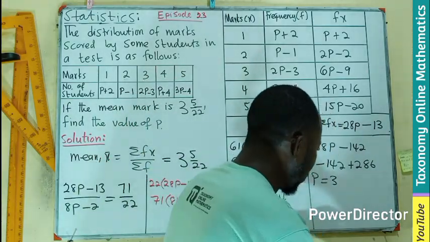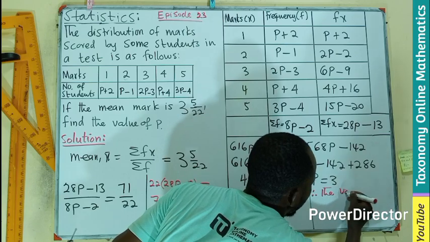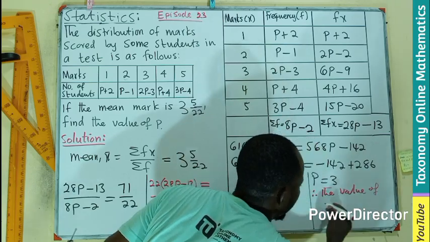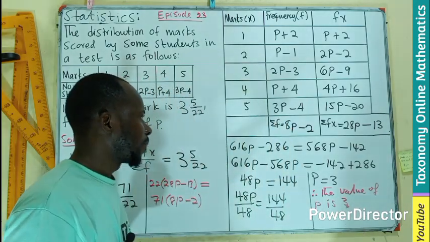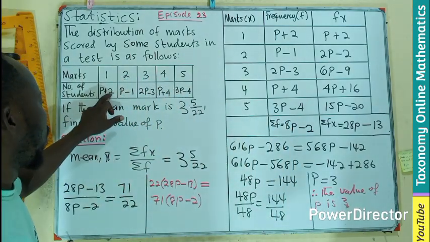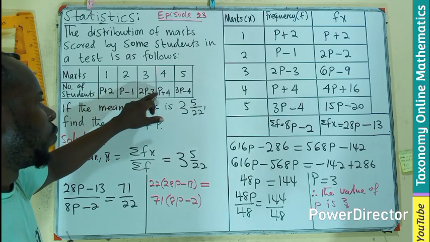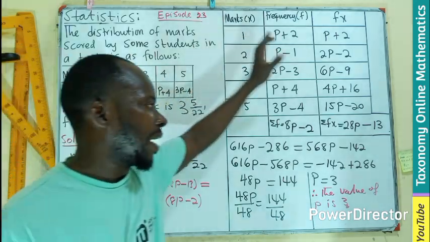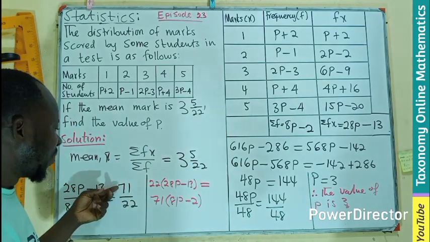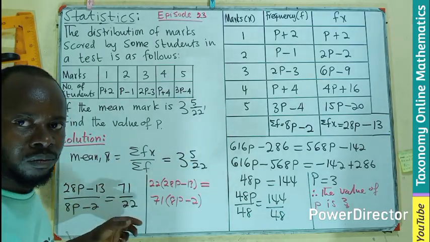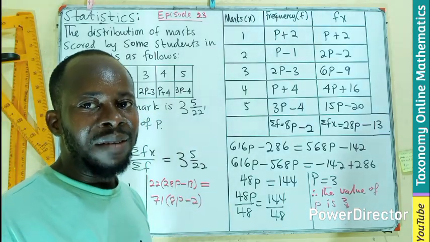So we can conclude that, therefore, the value of p is going to be 3. It means that we can change all of this to 3 plus this 5, 3 minus this 2. We can change all of this and come back and solve the formula and arrive at 71 over 22, just like the mean that has been given in the very beginning.